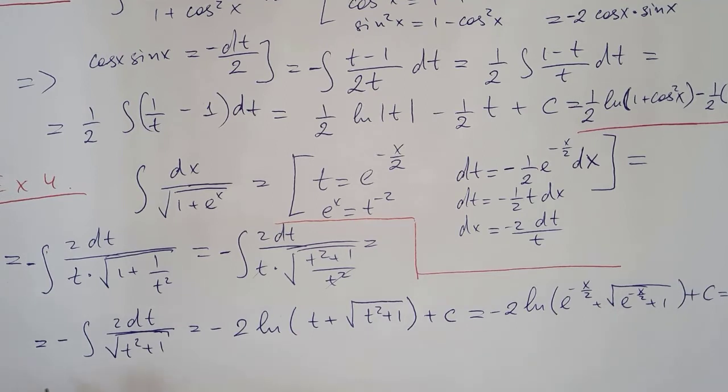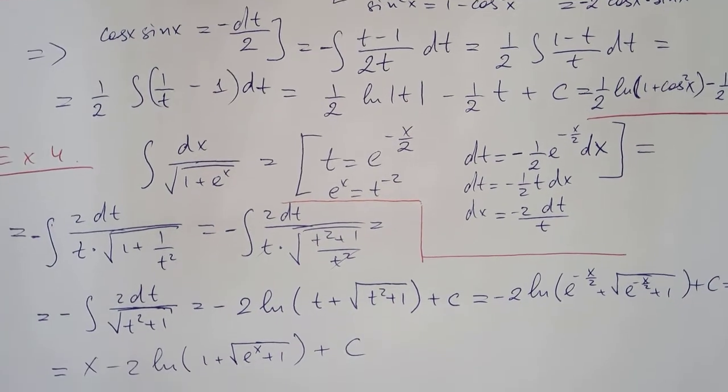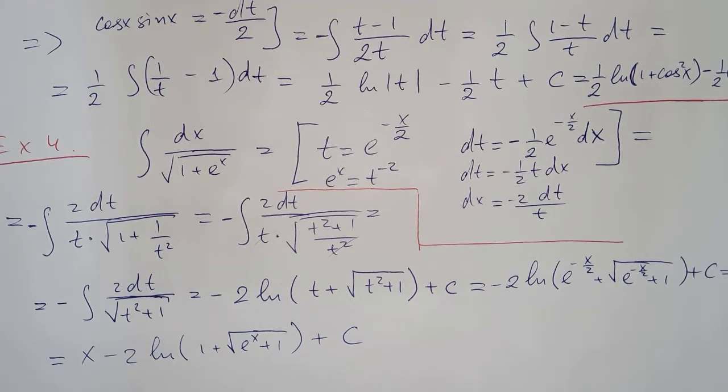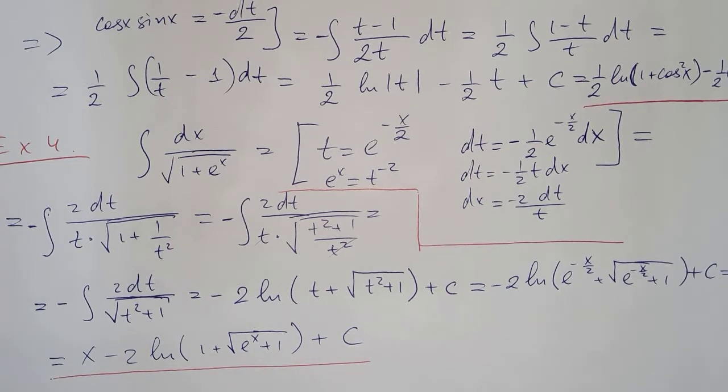Then we have the next one, I think this will be the correct one: x minus 2 natural logarithm of, after simplifying, 1 plus e to the power of x plus 1. We need to divide, then factorize it. Okay, plus c. So this is the final answer.